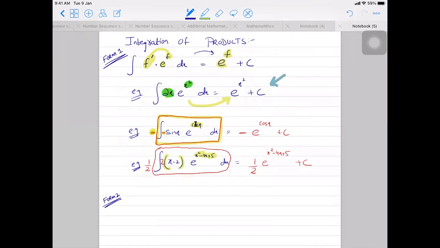Form 2 says that if I have a function that is raised to some power, and I come across the differentiation of the function as a product, and I have to integrate this type of product form, then the integration of this product form is simply going to be the function f raised by 1 power, divided by the new power, plus c.